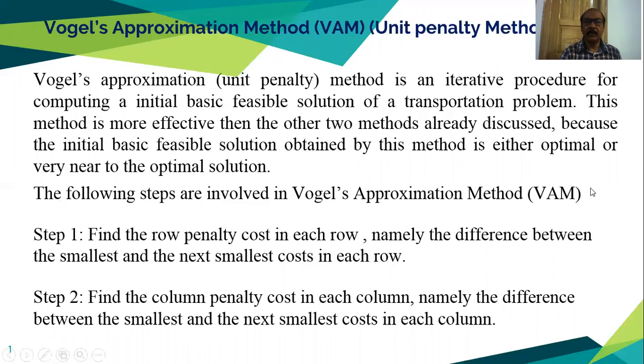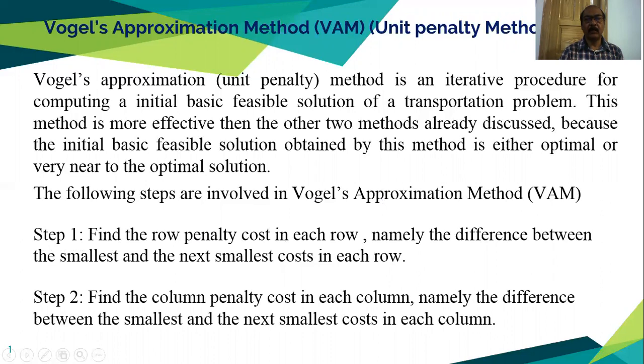Now, the following steps are involved in finding the initial basic solution by using the Vogel approximation method. Step 1, first we have to find the row penalty. How to find the row penalty?